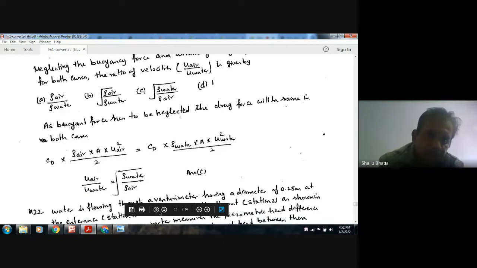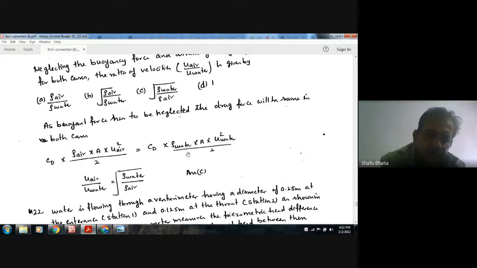So as the drag coefficient is the same, and the first medium is air and the second medium is water, this will be the drag force. So equating the drag force for both, rho air A u air squared equals rho water A u water squared. As the weight is the same, it will cancel out.